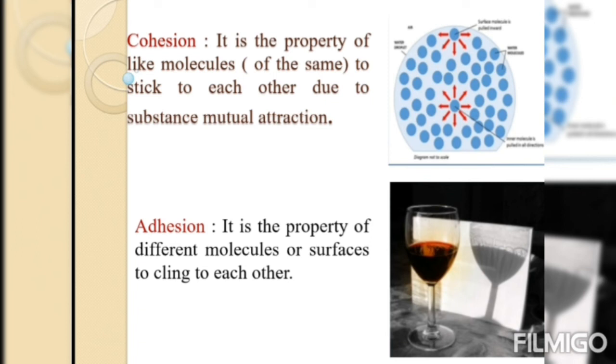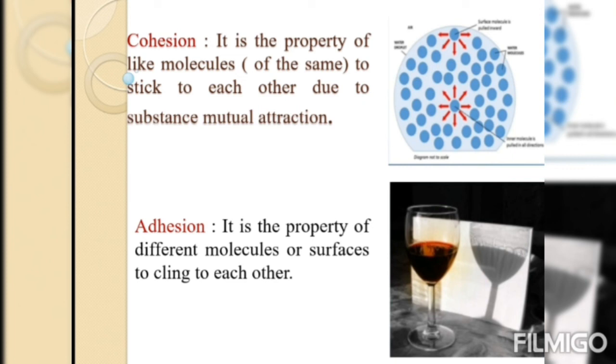Next, what is meant by cohesion and adhesion? Cohesion is the property of like molecules, meaning the same molecules, to stick to each other due to mutual attraction. The force of attraction between the same molecules is known as cohesion. Easily keep in mind: water is attracted to water.